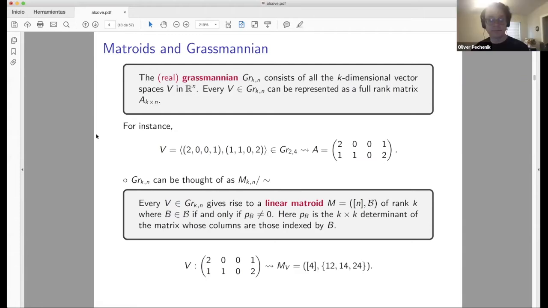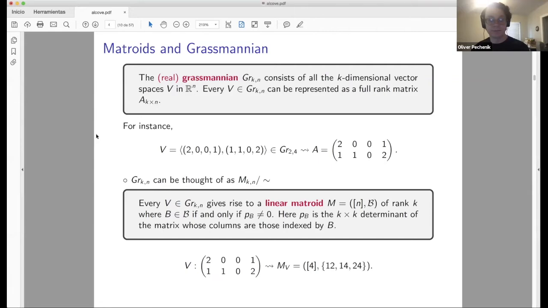In this case, those pairs are columns 1, 2, whose determinant is 2, columns 1, 4, and columns 2, 4. Those are the only ones whose determinant is different from 0. And that gives rise to this matroid.